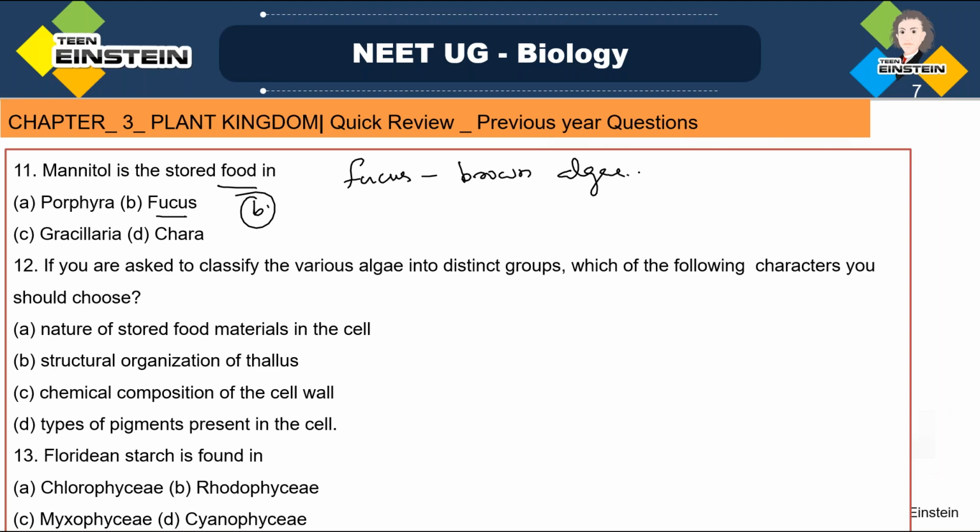The chemical constituents of this plant are algin, mannitol, mucilages, beta carotene, zeaxanthin, iodine, potassium, bromine, some volatile oils, and many other minerals. Mannitol is the food stored in Fucus.